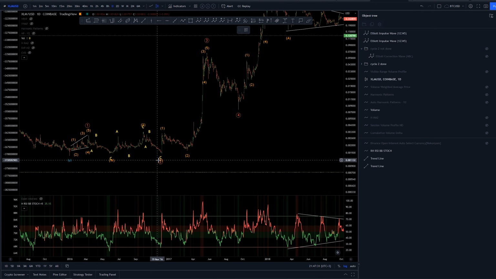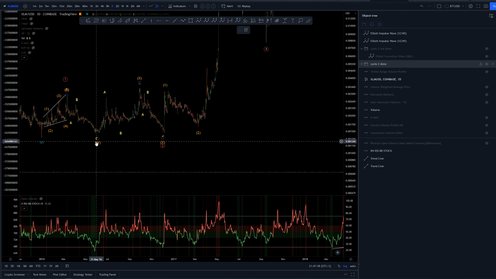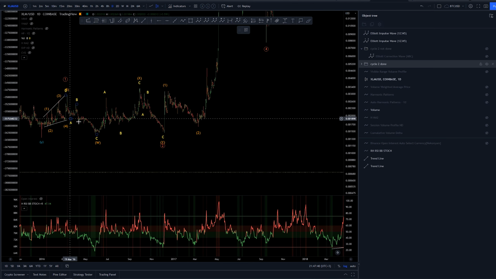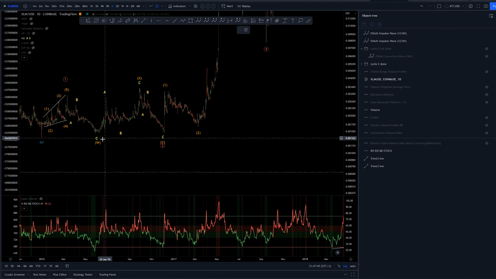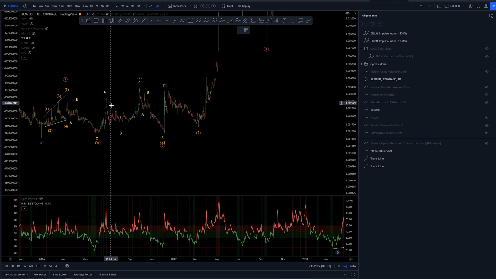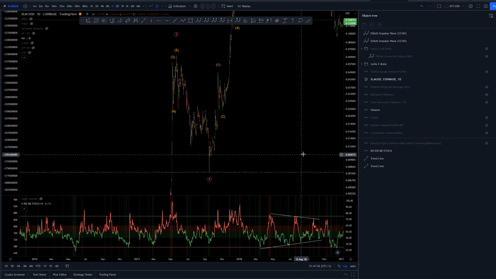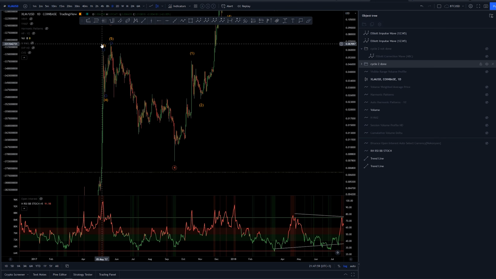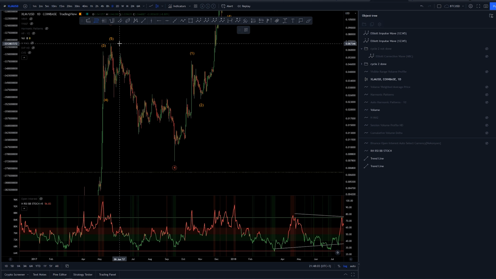Oh yeah, we forgot to take a look here at the structure for the wave 4. We had a WXY here that was okay looking as a zigzag or double zigzag pattern, or actually triple, but yeah, the middle wave here was a zigzag as well. This could be some kind of a diagonal as well, but we don't need to label that. And in here for this wave 4, this is something else.